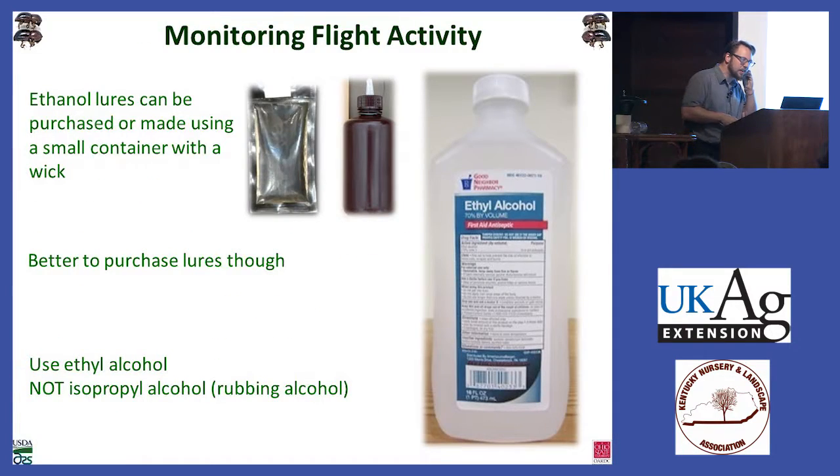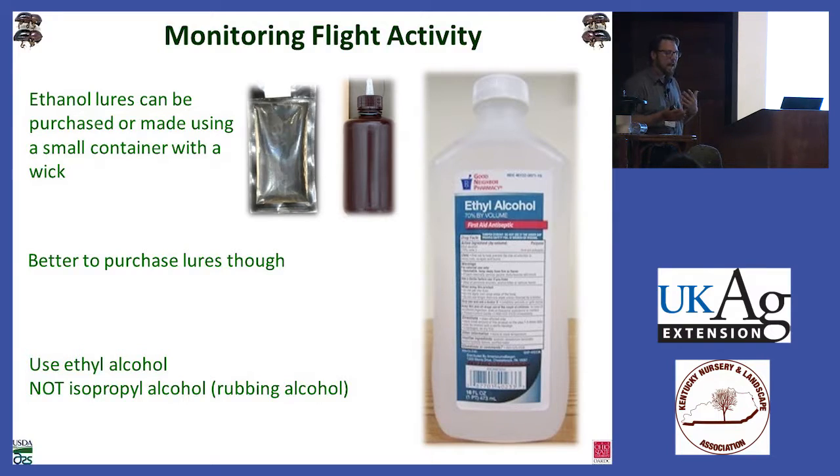So in terms of monitoring, well, as you can imagine, ethanol is the most attractive compound that we know of for these insects. There are some compounds that can enhance the attractiveness. Canopterin is one compound that some of you might be aware of.